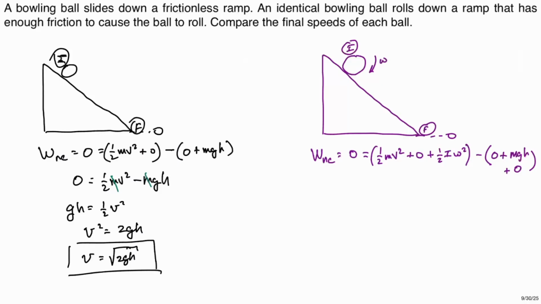Okay. What does all this say? 1/2 mv squared plus 1/2 I omega squared plus 0 minus, and then mgh is what falls out of that second term. All right. Can I cancel my m?